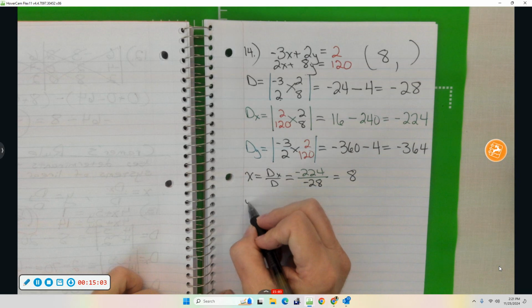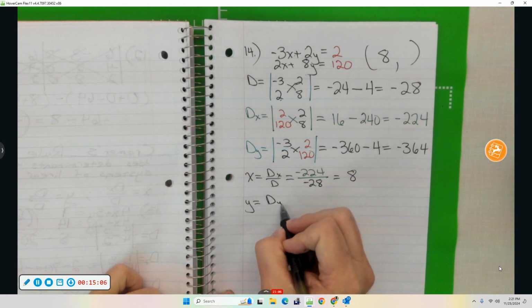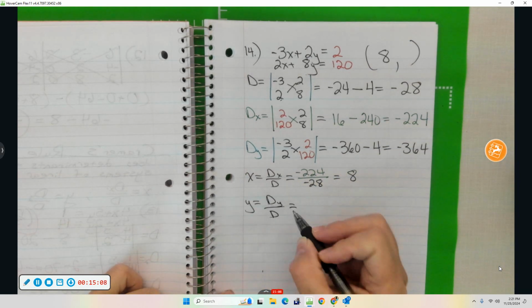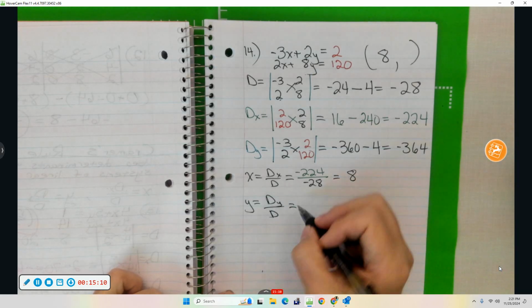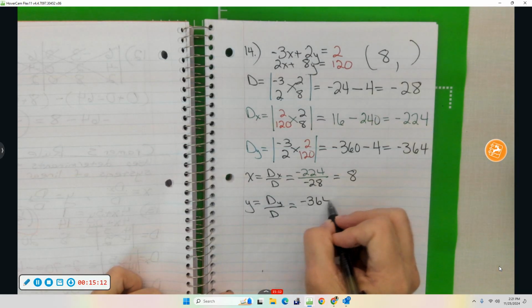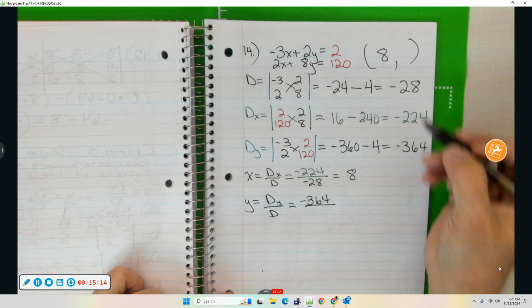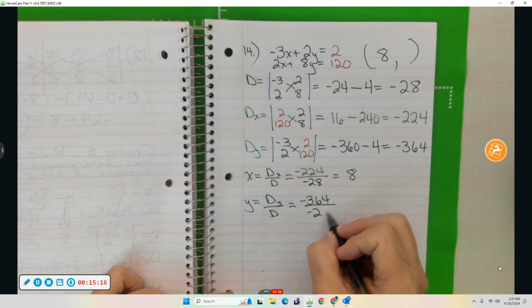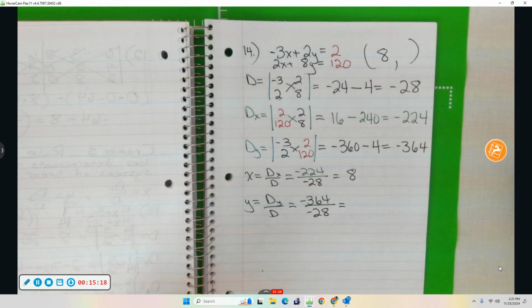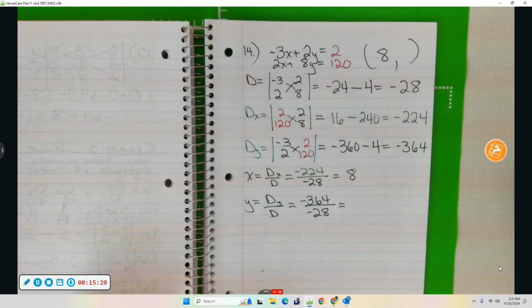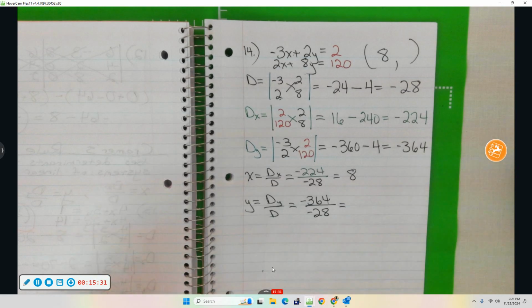We do the same thing for y. Y is d sub y divided by d. D sub y is a negative 364. D is still that negative 28. And is that going in evenly? I'm thinking 28 times 13. I was going to say open up the calculator.